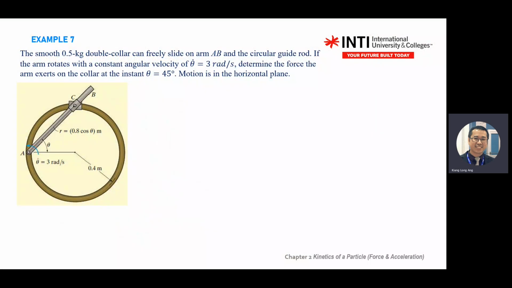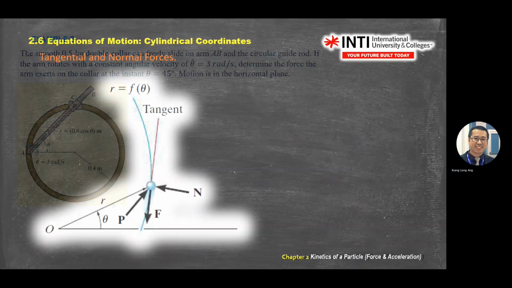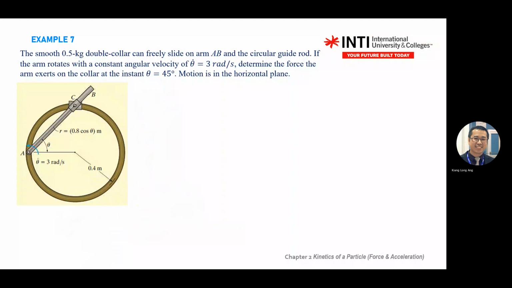Okay, let's look at the application. Same, but now when you look at the question, you know already that it will ask you to use cylindrical coordinates. You are given theta, you are given r, you are given theta naught. It seems very complex, but don't confuse yourself.